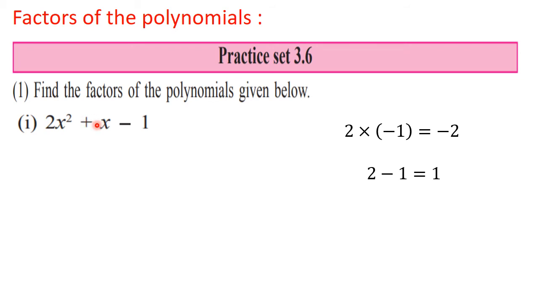So this plus 1 we can split as plus 2 minus 1. So the numbers here are plus 2 and minus 1. You can find that these numbers are present here only. So this middle term we can split as plus 2x minus x.